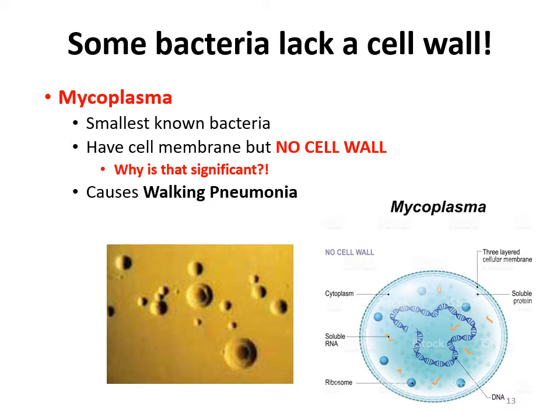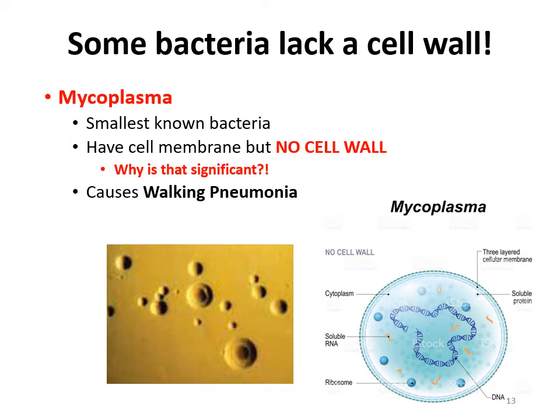Now, it's very important to know that they have no cell wall, because you have to ask yourself, why is that significant? What did we say about bacterial anatomy? Knowing bacterial anatomy lets us know how to treat bacterial infections.